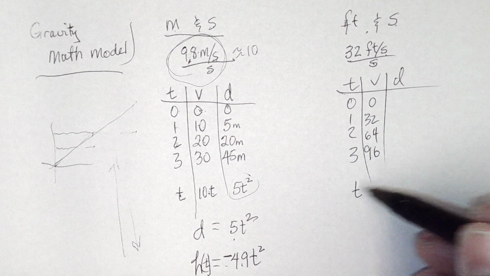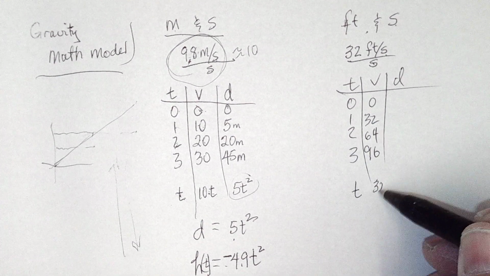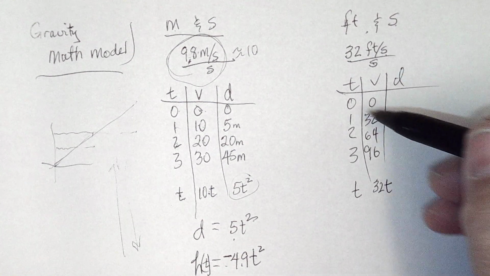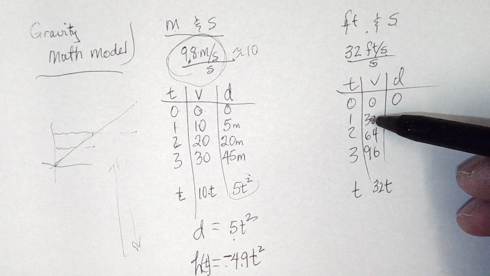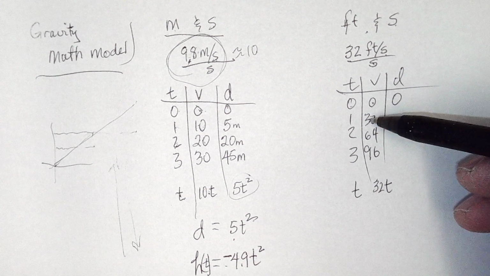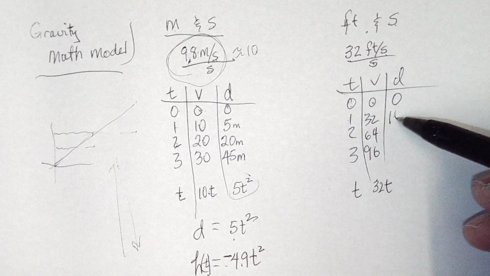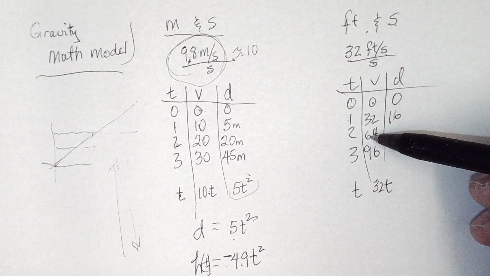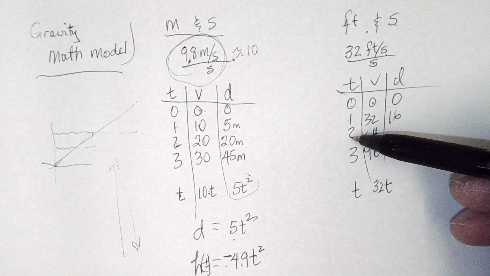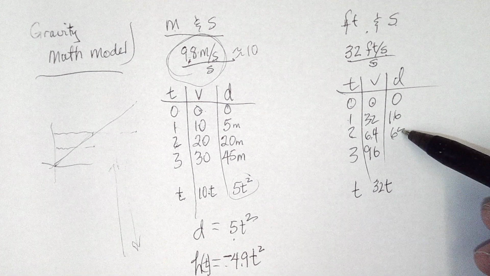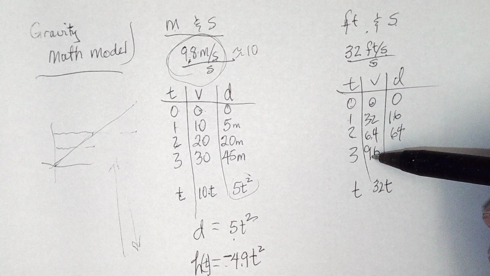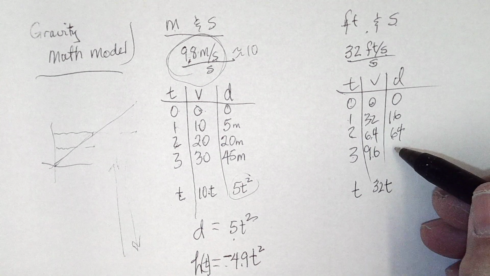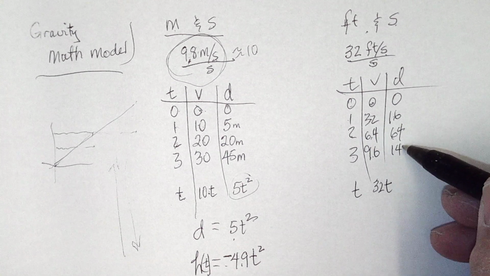And after t, it's going to be going 32t. The distance will be 0. Then 0 plus 32 divided by 2, the average is 16, times 1 is 16. 0 to 64, average 32 times 2 is 64. 0 to 96, average is 48 times 3 is 144.